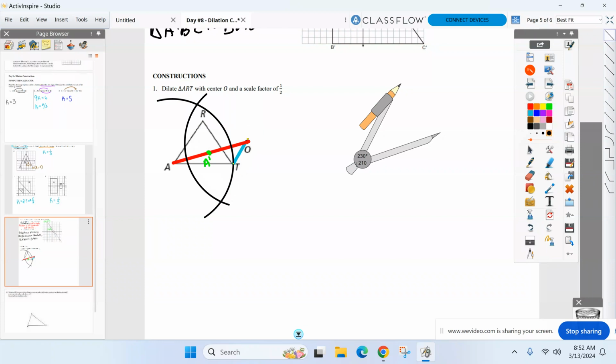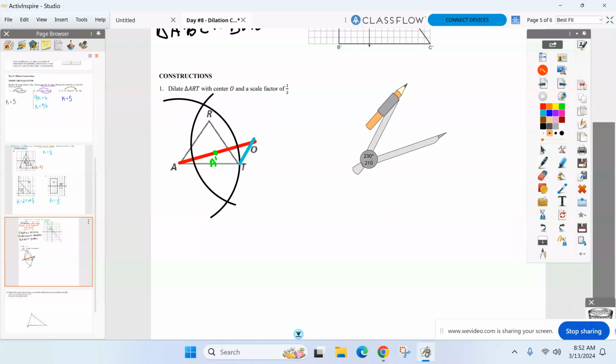Get it halfway closer. I know T to O is going to be a little tough for some of you. That's a short distance to cut in half. Just take your time.